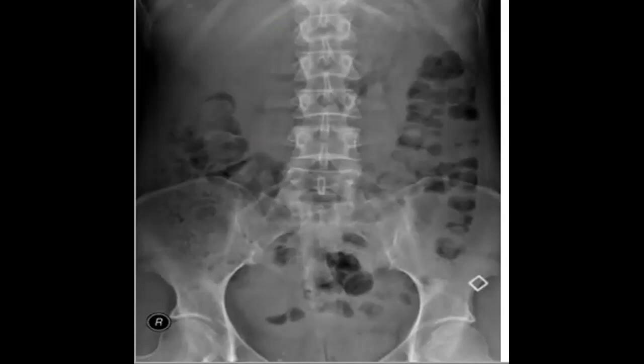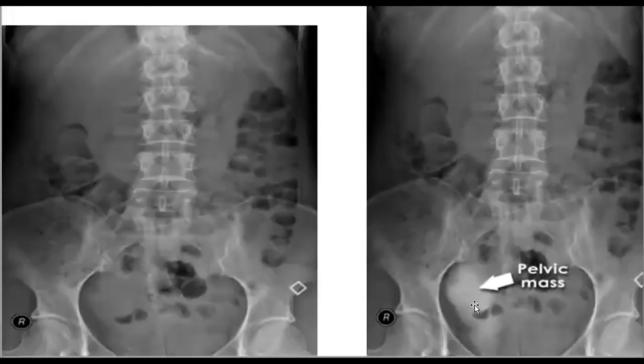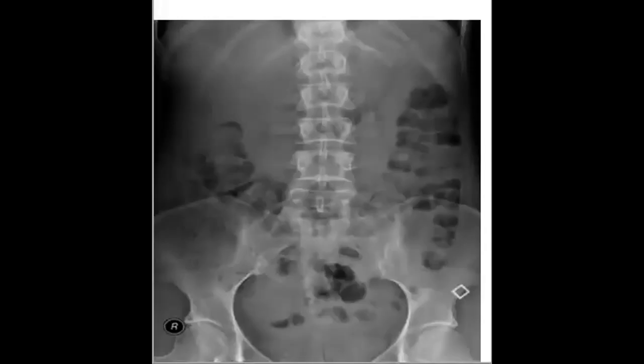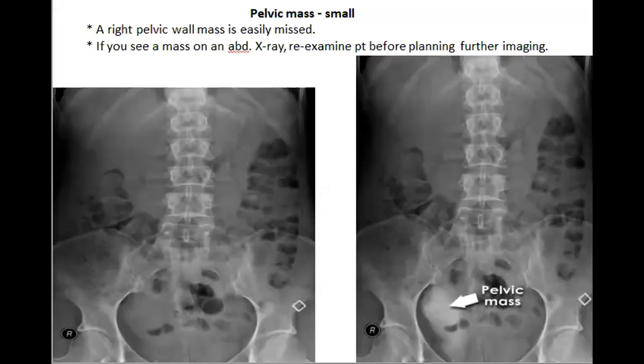It's subtle. Pelvic mass, small. Perfect. The answer is a small pelvic mass.